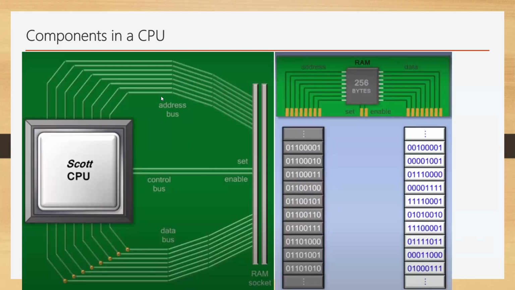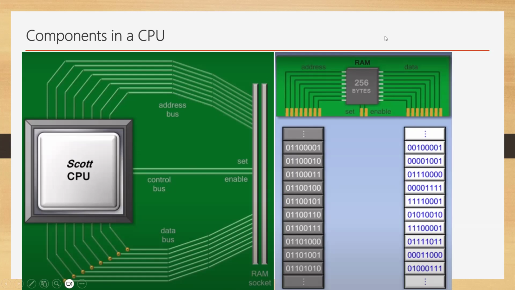As you can see, this is a diagram of the motherboard of your computer system. And here you can see that this is your CPU that is placed on an integrated circuit. Now, right here, you can see that this is your address bus, this is your control bus, and this is your data bus that is being attached to your RAM socket. So now you can basically plug the RAM right here.